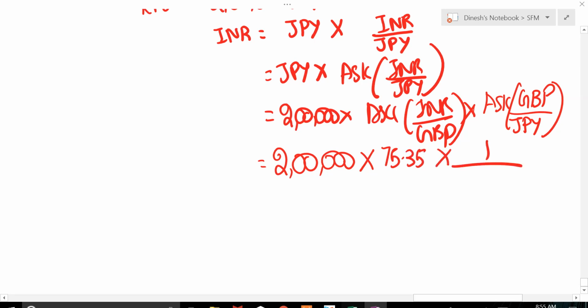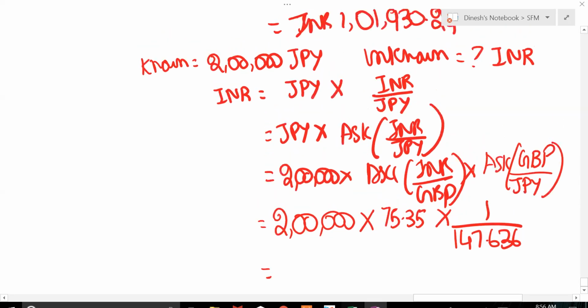GBP per JPY not available, so 1 by bid. What's the answer? 1 lakh 2000.